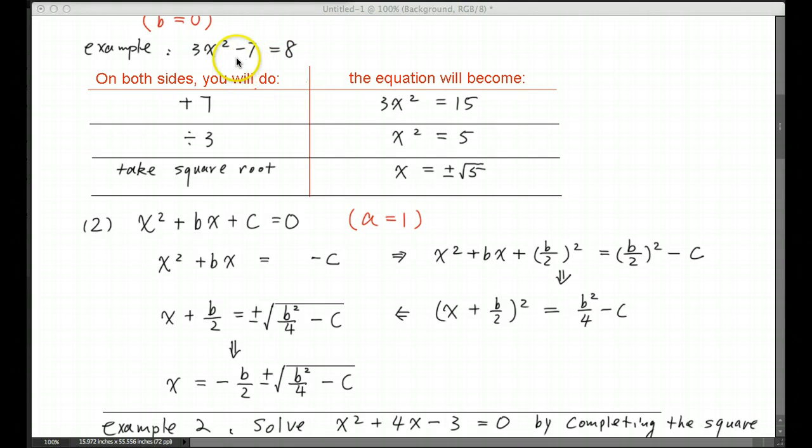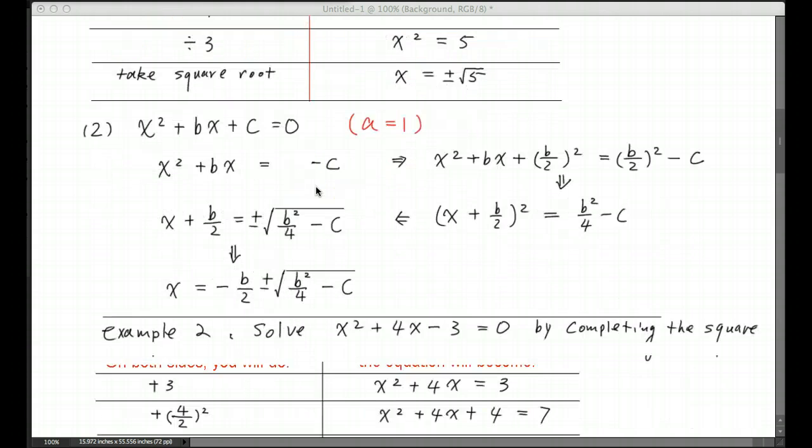So plus 7, and then 7 plus 8 gives you 15 here, and then divide by 3, and obviously you get x squared equals 5. Then take the square root on both sides, so x equals positive negative square root 5. Now since 5 is positive, we do have two roots, positive square root 5 and negative square root 5. If you plug in, you can check, and that should be correct.